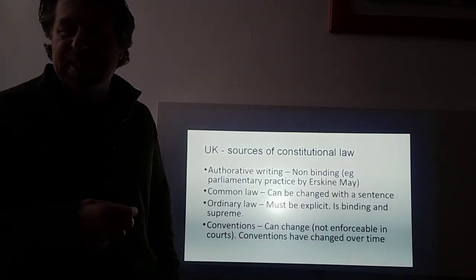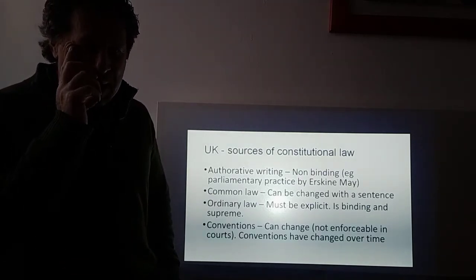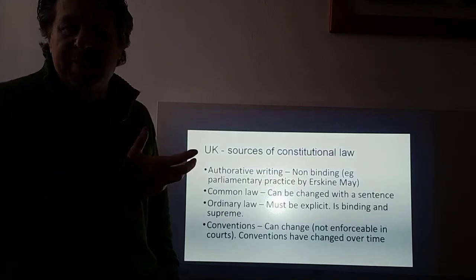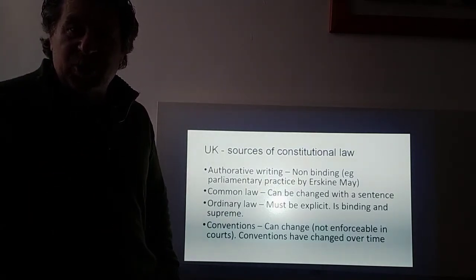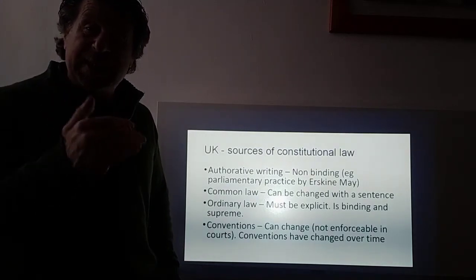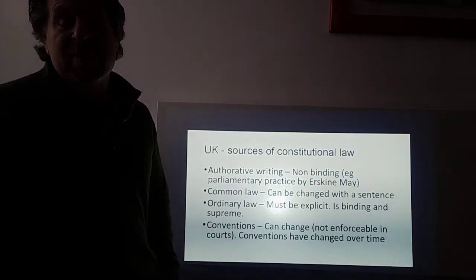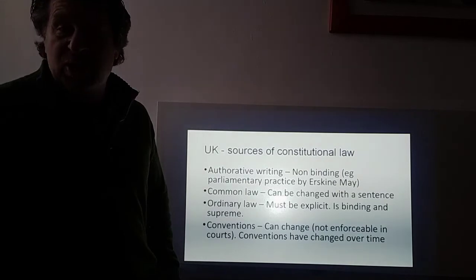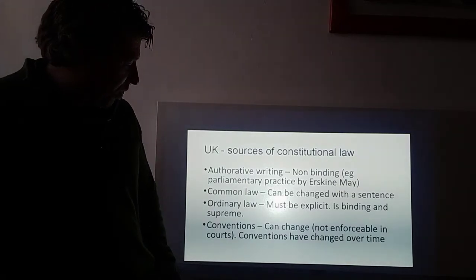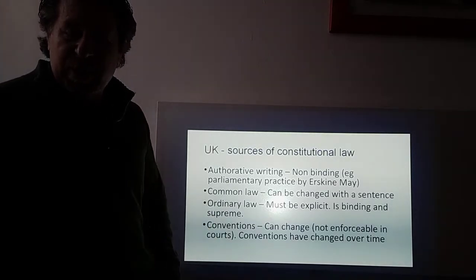So it's not implicit. Just by changing the law doesn't mean the constitutional laws before are changed. It must be explicitly stated that this is a change to the previous constitutional law. And it's supreme. We can say it's supreme, it's binding.